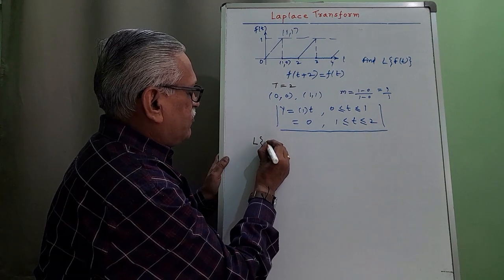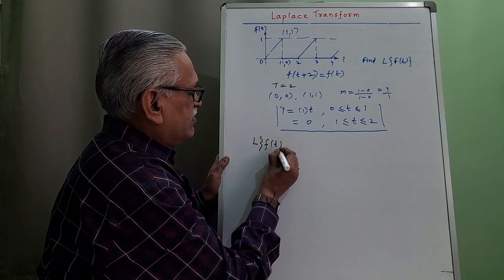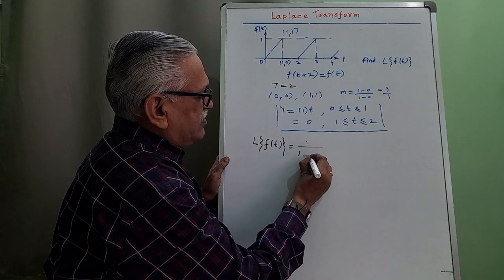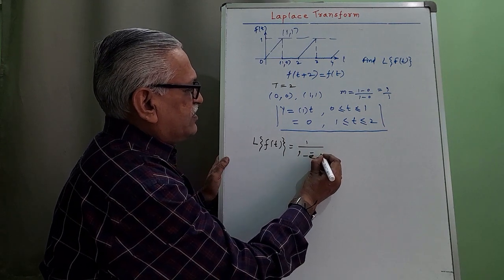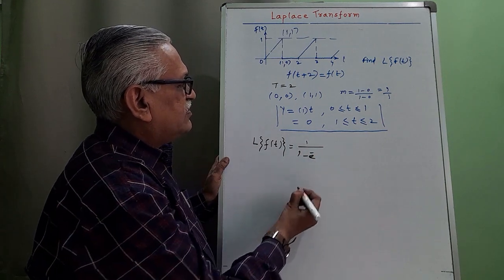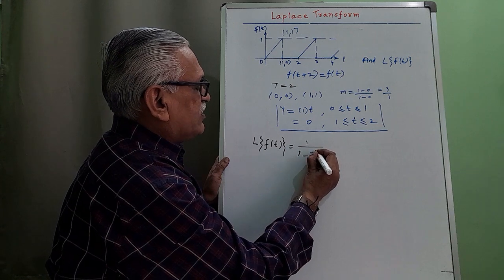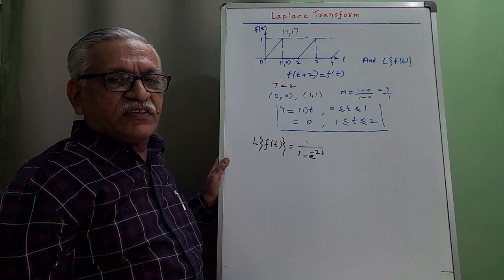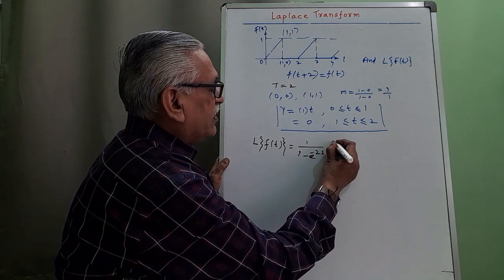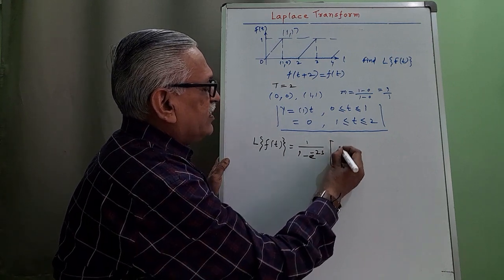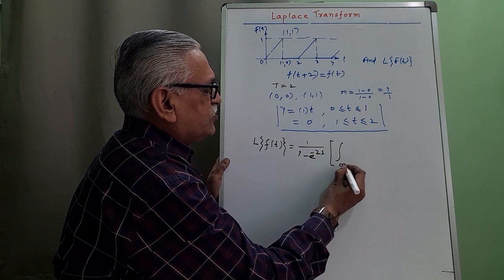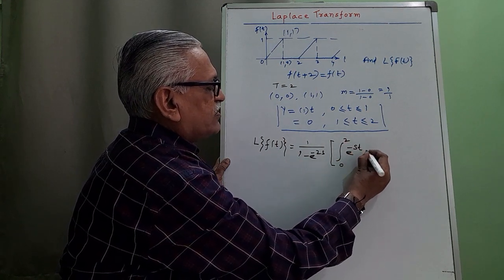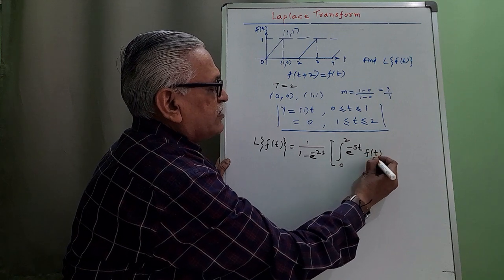Therefore, Laplace of f of t, periodic function f of t, is 1 upon 1 minus e raised to minus sT. Capital T is here 2. Therefore, 1 minus e raised to minus 2s into the integral from 0 to T, 0 to 2, e raised to minus st into f of t dt.